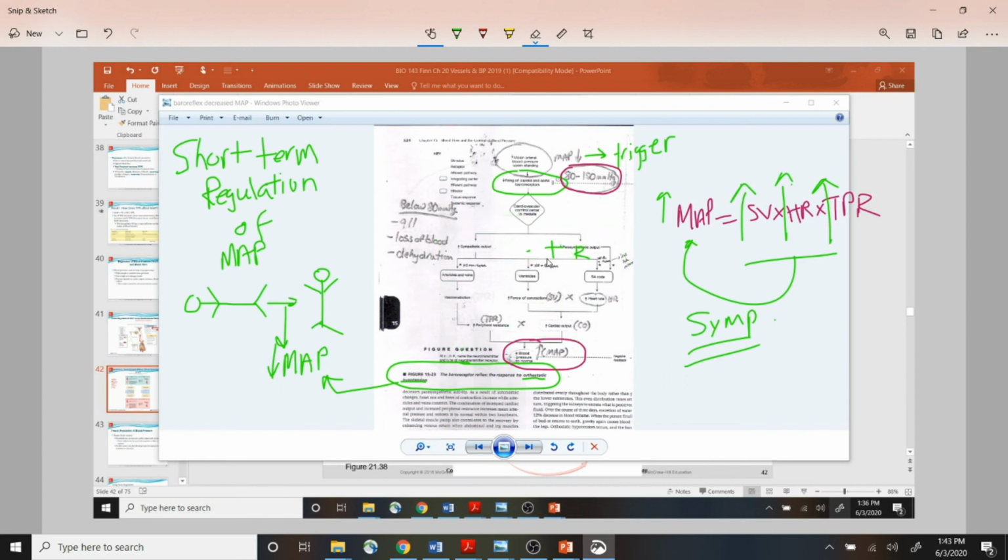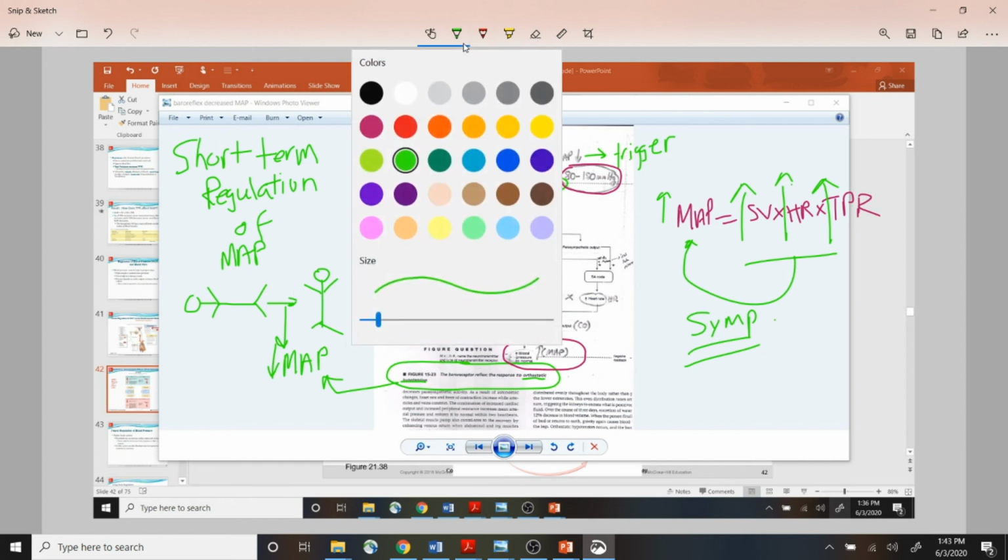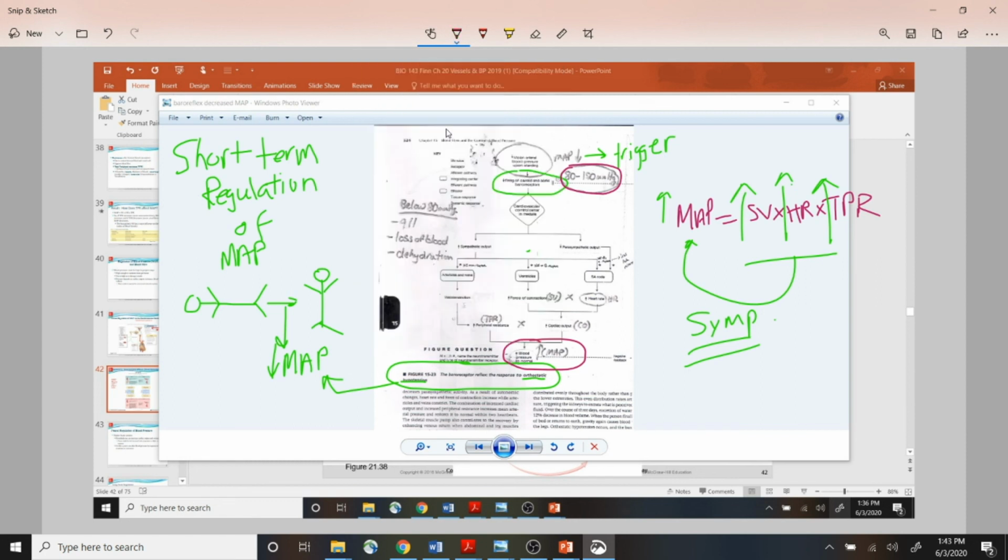So here we can see the sympathetic nervous system in action. I think I'm going to use a darker color here. Now the arrow says the sympathetic output is increasing.